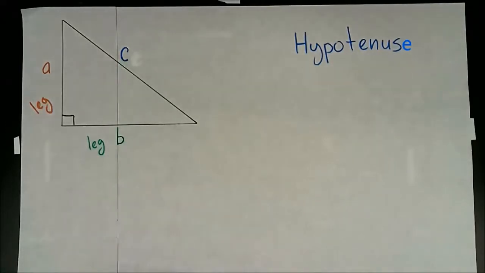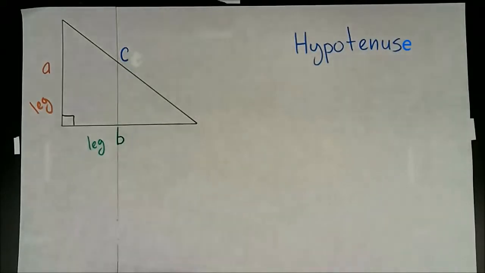C is always the longest, B is that middle side, and A is the shortest side. If A and B are the same length, and that can happen, then it doesn't really matter which one you label A or B. But if one of the legs is longer than the other, I want you to assign A to the shorter one, B to the longer one.